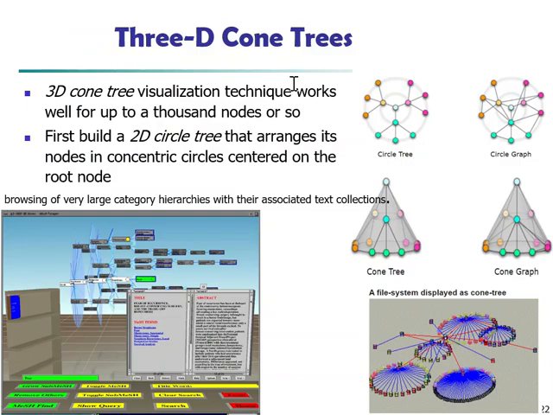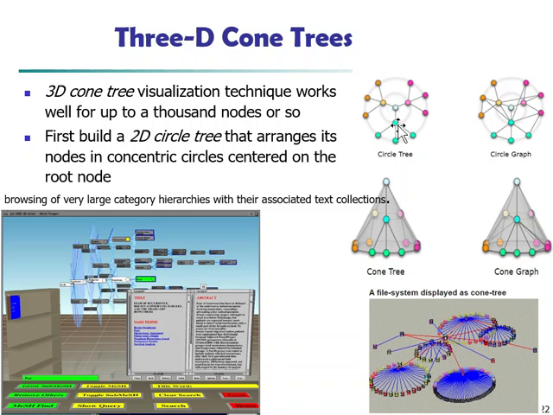The third example that we're going to see is 3D cone trees. This is the circular tree that we've seen before, and we realize the circle is actually a very good way to represent trees because by definition, a hierarchical structure will have more leaf nodes than upper nodes, right?